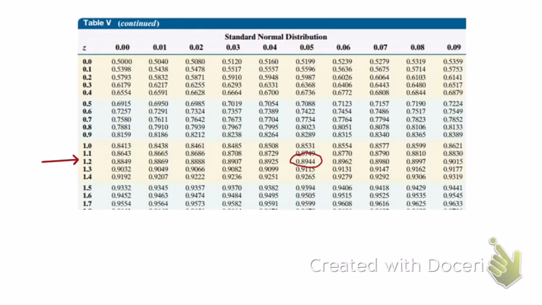What does that represent? First of all, what does a z-score of 1.25 mean? Good. 1.25 standard deviations to the right of the mean. And the mean is dead center.